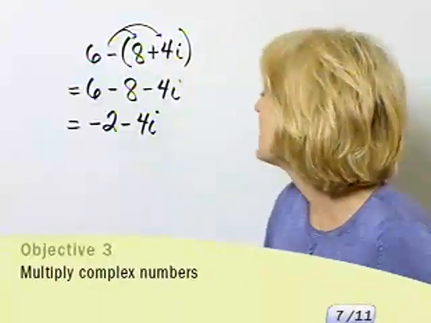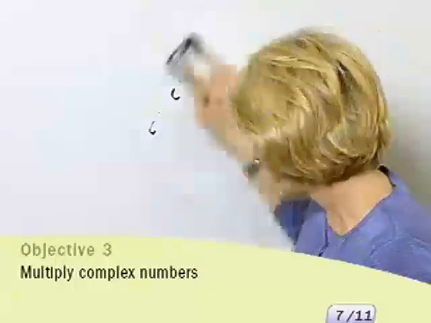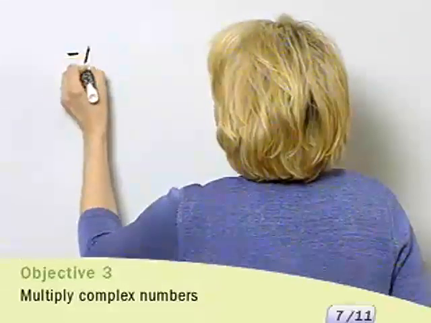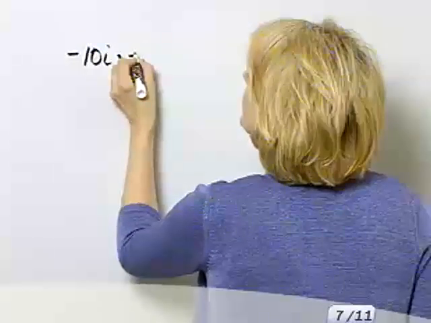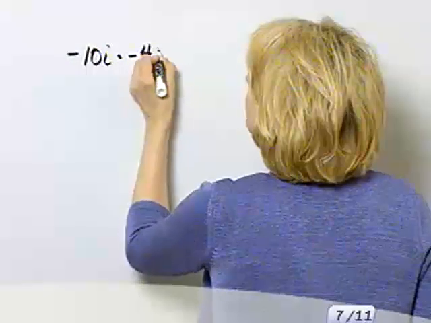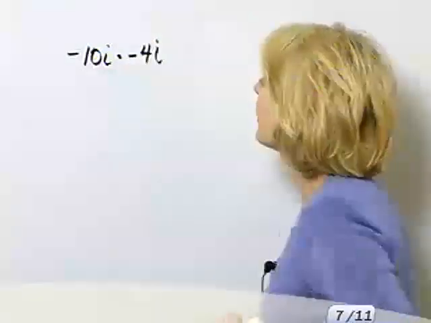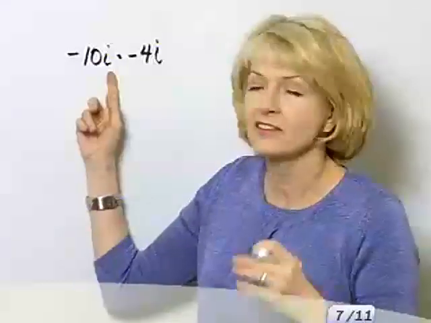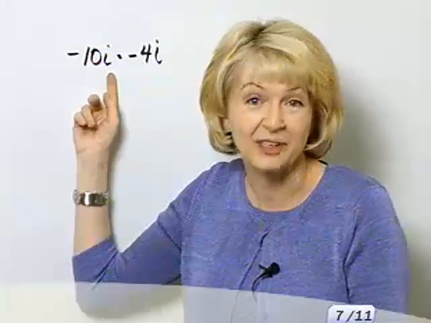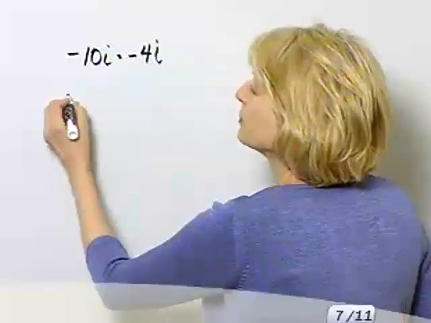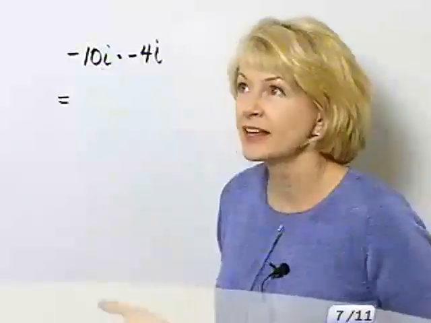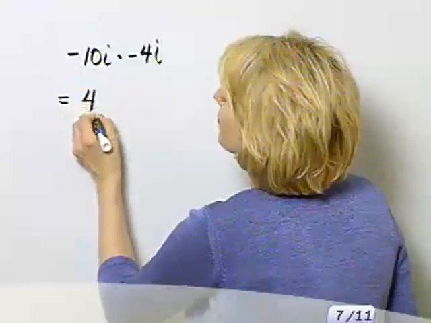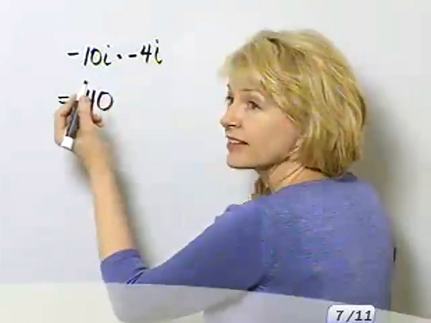Let's now take a moment and multiply complex numbers. Let's suppose I have negative 10i times negative 4i. Again, just think of it for the moment. Think of i as a variable, but it is not a variable. It is a constant. How would I multiply negative 10x times negative 4x? Well, negative 10 times negative 4 is 40, and then I would have x times x, x squared.